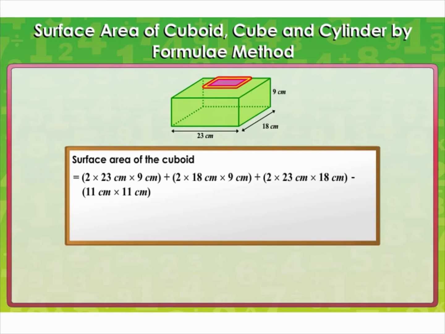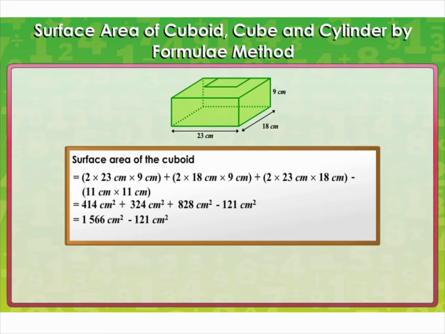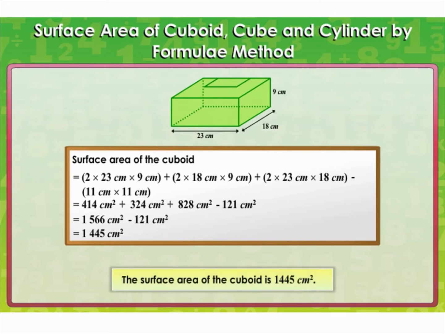But we need to subtract the connecting face of the cube, which is 11 centimeters by 11 centimeters. So, the surface area of the cuboid is 1445 square centimeters.